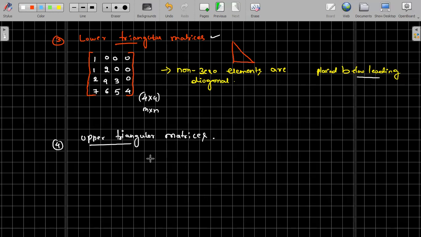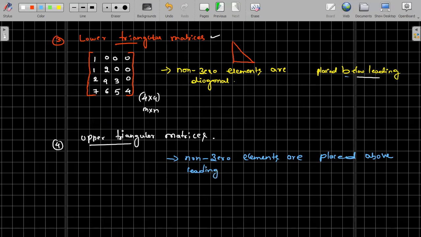So we say that here the non-zero elements are placed above the leading diagonal.